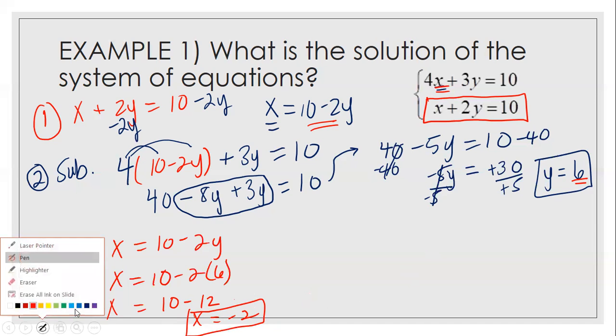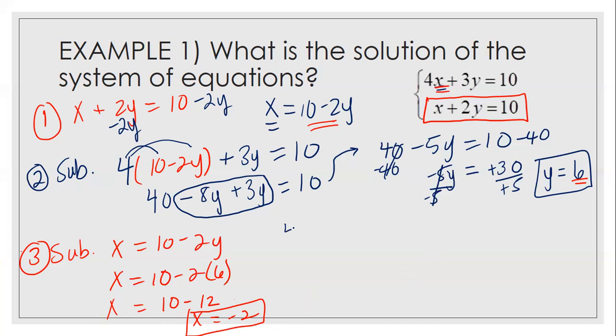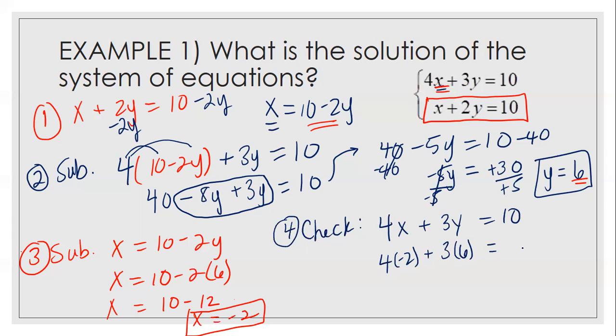If you are ever unsure whether you are right, step 4 tells you to check yourself. By checking yourself, you can choose either one of the original equations, substituting the two values in. So if I check myself with 4x plus 3y equals 10, I'm saying that x is negative 2 and y is 6.